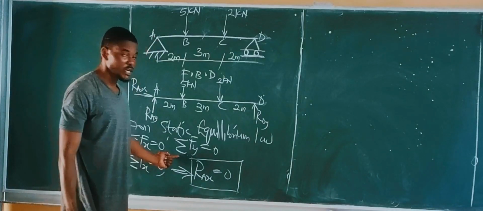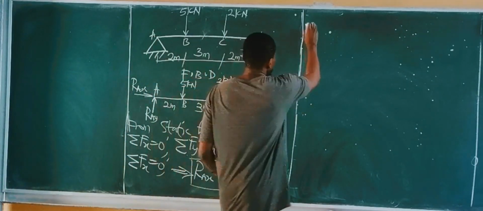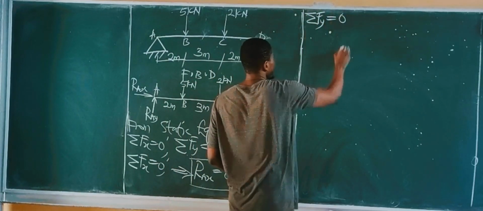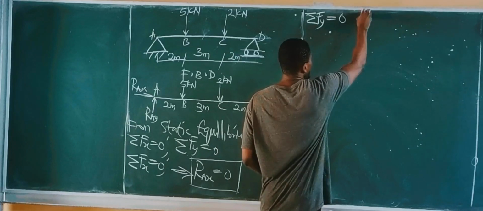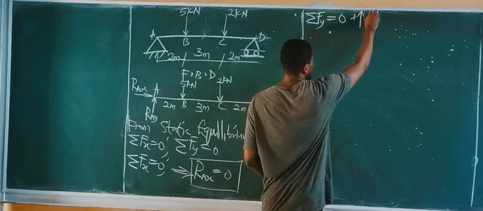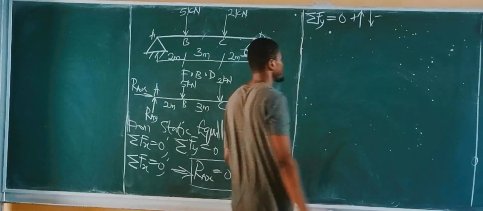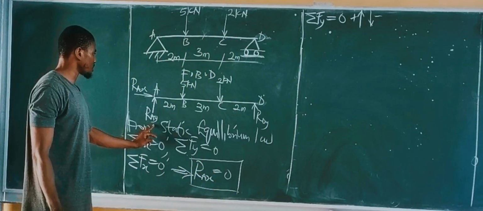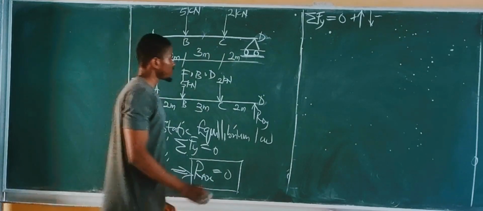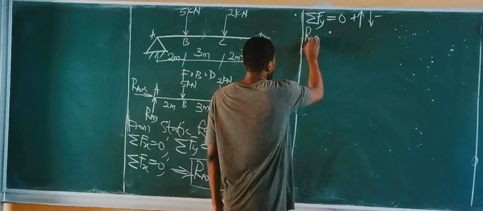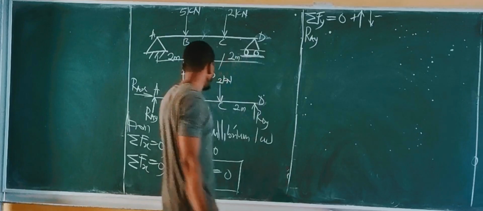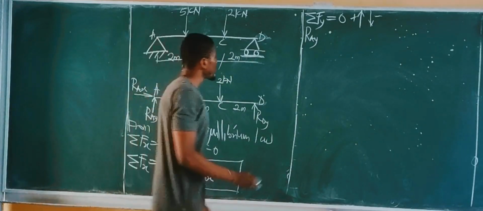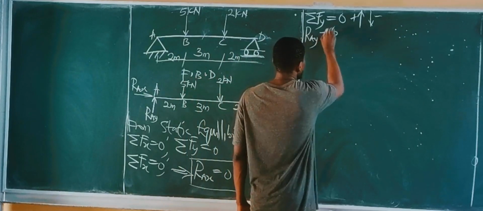Next is to employ summation of Fy equals 0. We sum all the forces in the y-axis and equate to 0. Note that vertically upward forces are positive and vertically downward forces are negative. We have RAY at point A pointing upwards, so it's positive. Next, the 5 kilonewtons force pointing downwards, so it's minus 5.